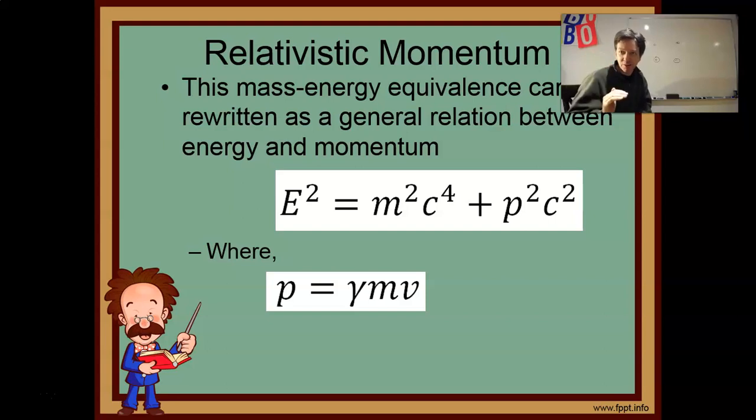Try going through that question 1 yourself, but if you get stuck, watch my other video. It'll be posted. All right, but we have E squared equals m squared c to the 4, or just (mc squared) all squared, plus (pc), your momentum, all squared. Okay, remember that p is relativistic momentum, which is gamma mv.